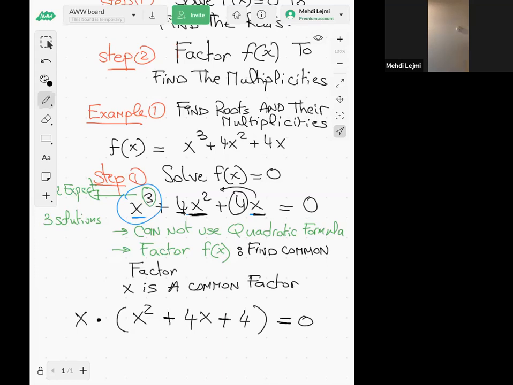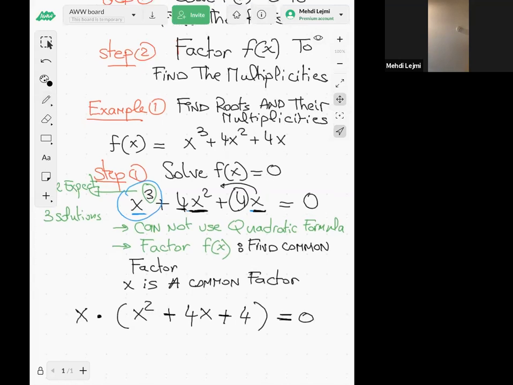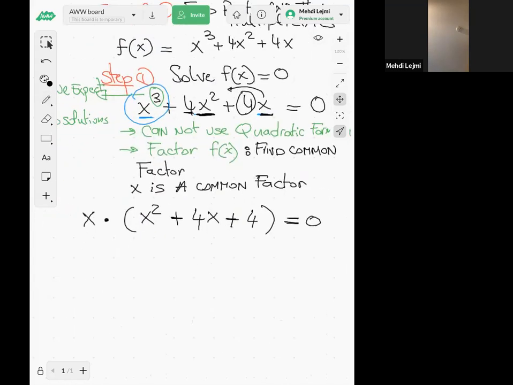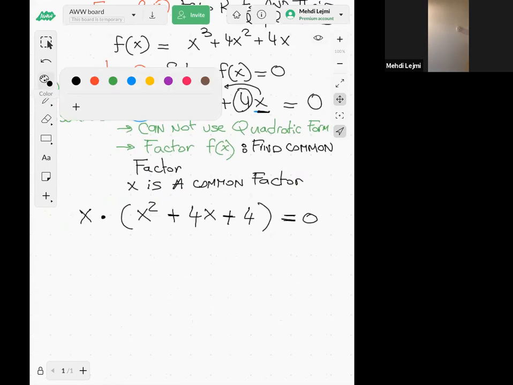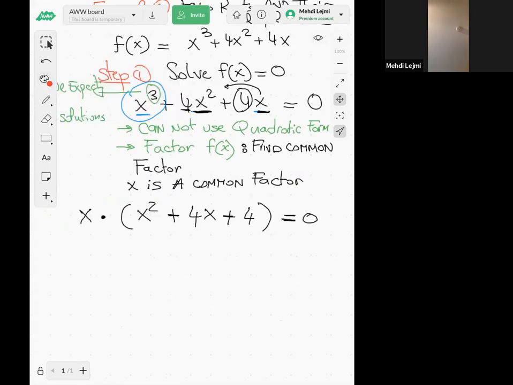Right. Now, so I have my first factor. So I have this x here times this x squared plus 4x plus 4, right? And again, guys, I want to solve f of x equal to 0. So why do we factor?